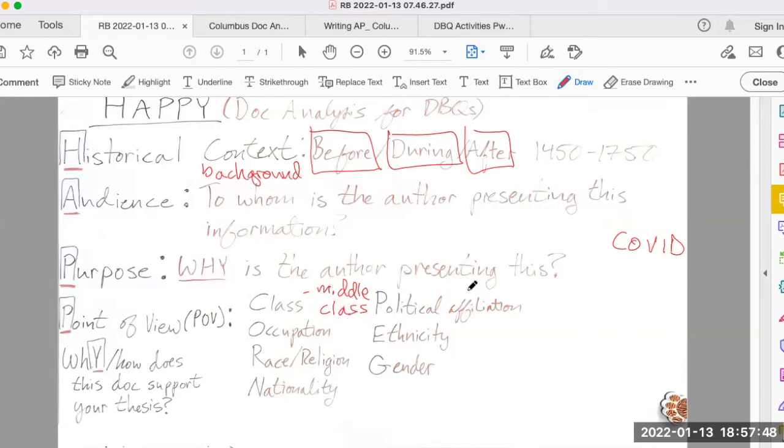Now, occupation. Back to the personal example. If I'm writing an article about COVID, what's my occupation? Well, I am a teacher. That could have an impact on how I write about the response to the COVID pandemic. I may look at the response and say, this was not enough.